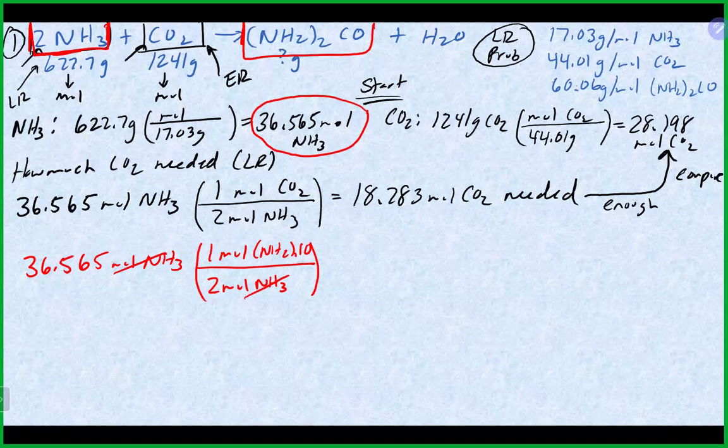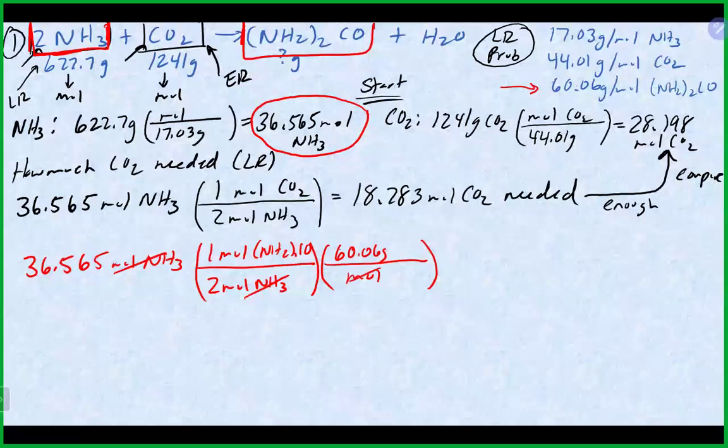If I stopped at this point, I would have moles of our product, which if you wanted moles, obviously you would get an answer at this point. But we would use the molar mass, which again was provided for us, and if not, you would need to look it up on the periodic table. Moles are going to go on the bottom here, so they cancel. 60.06 is going to go up on top, so that we end up with grams.